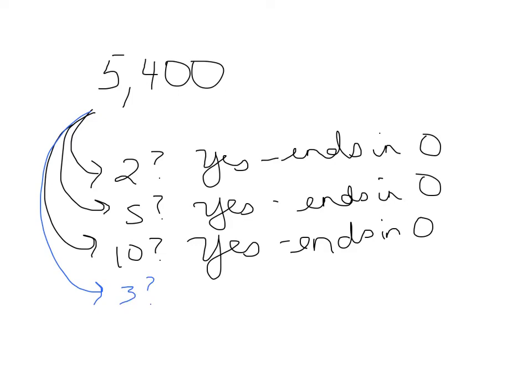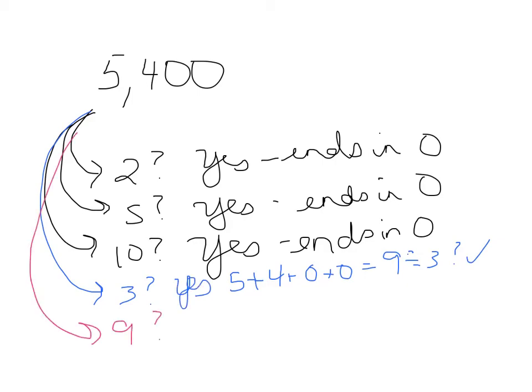I don't worry about the ending number. I take the 5, the 4, the 0, and the 0, and add them together. I get 9. Is 9 divisible by 3? Yes, so this is. And I do the same thing with 9: 5 plus 4 plus 0 is equal to 9. Since 9 is divisible by 9, yes, this is. So 5,400 is divisible by all the numbers we talked about: 2, 5, 10, 3, and 9.